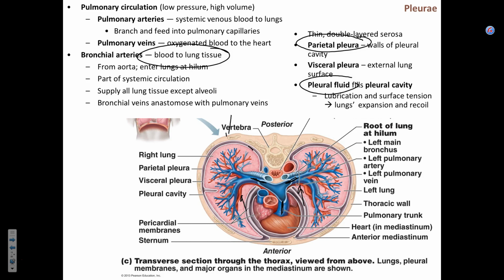I need to use my toy. Look around here. So I'm tracing visceral pleura. I get to the hilum, I turn around, and I trace parietal. Does that make sense? It continues. And that space, that's the pleural cavity, filled with fluid. Okay? So fluid decreases the surface tension of the lung tissue itself, so it's easier for lungs to expand and recoil. Good?